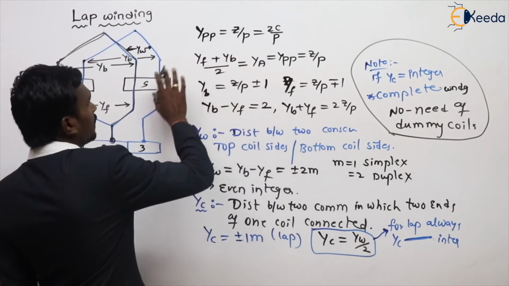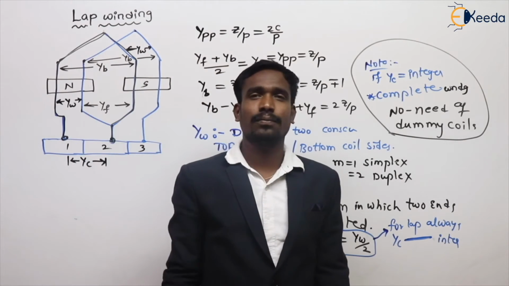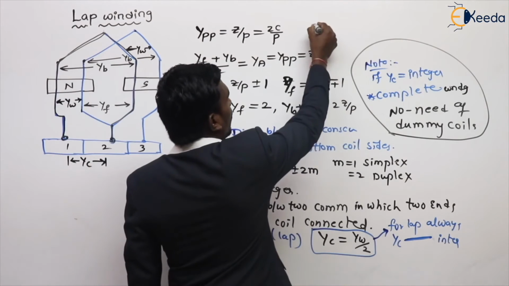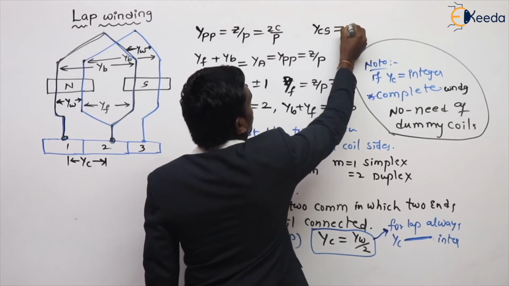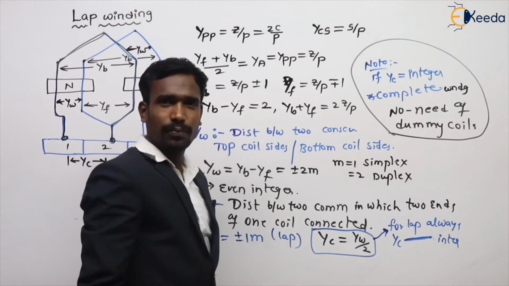This is simply about the different points in the lap winding. Here another point is there, that is coil span pitch. Coil span pitch is equal to the number of slots per pole.